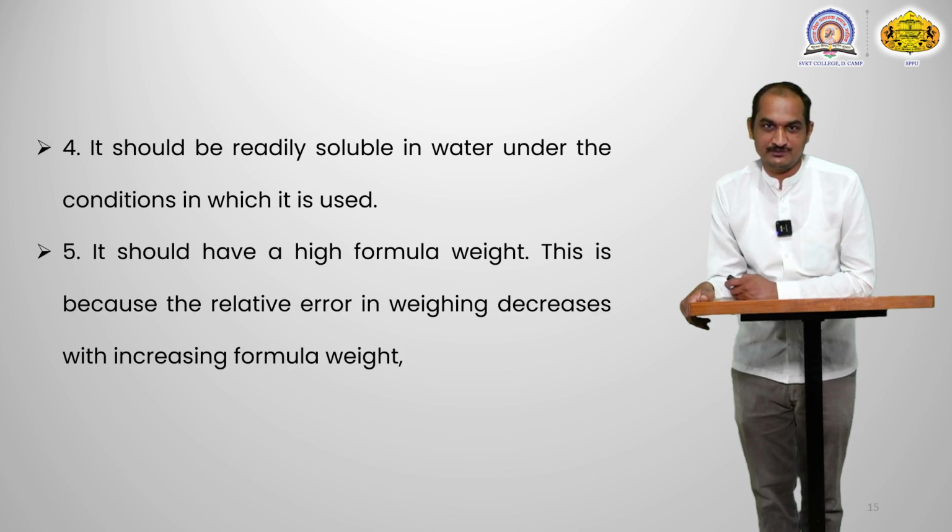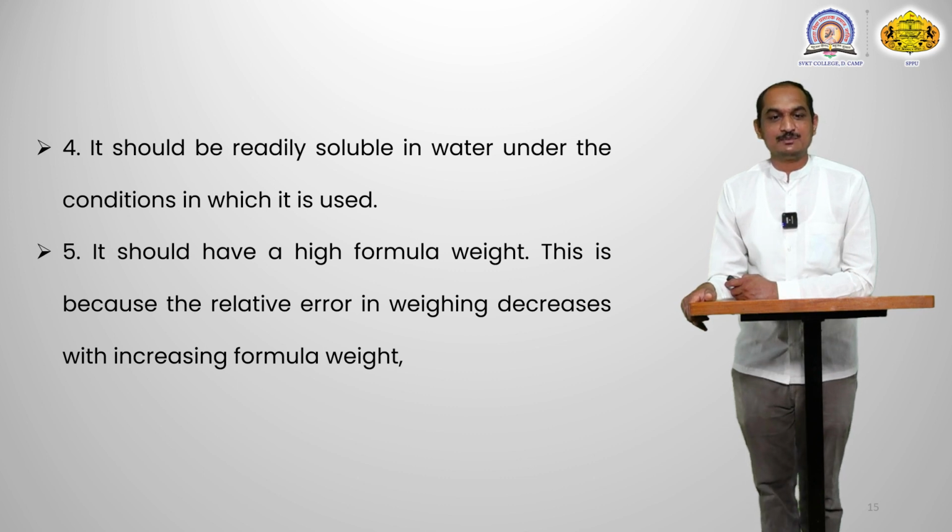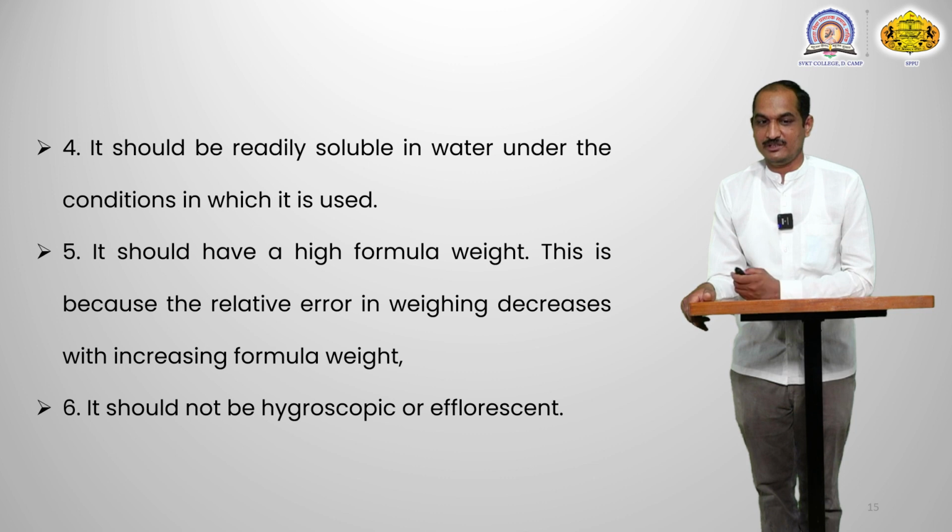Solubility is most important. Then another important requirement is that it should have a high formula weight, because the relative error in weighing decreases with increasing formula weight. Therefore, it requires a high formula weight.